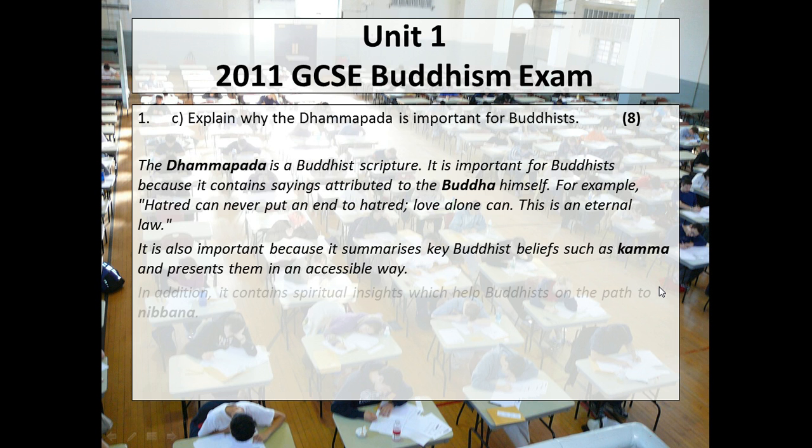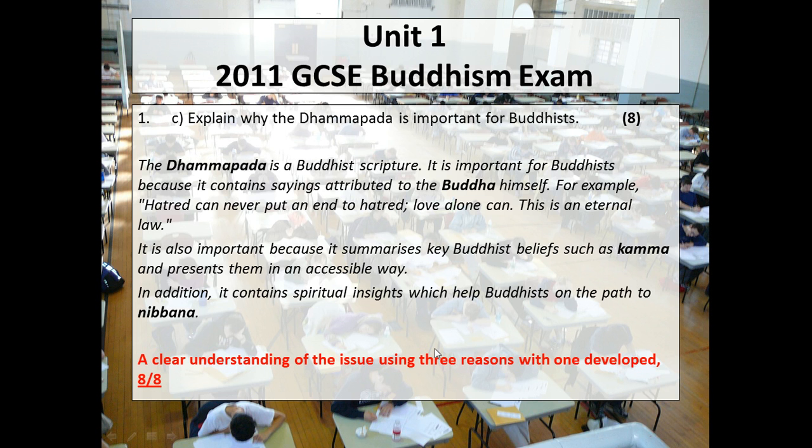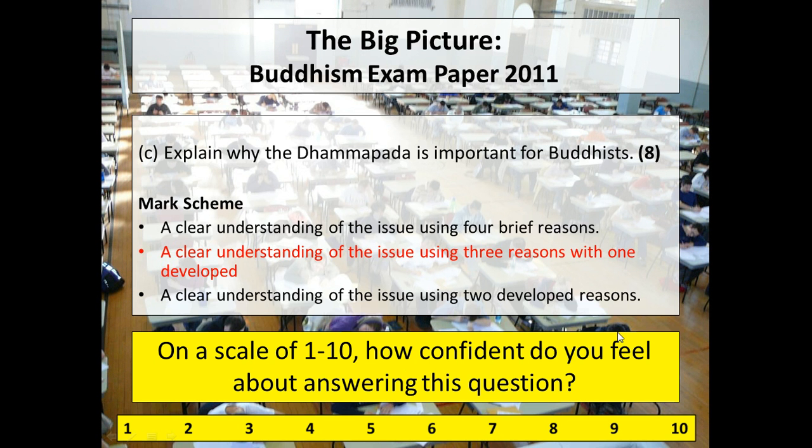That's one brief reason. In addition, it contains spiritual insights which help Buddhists on the path to Nibbana. That's another brief reason. So we've got a clear understanding of the issue using 3 reasons with 1 developed, 8 out of 8, because there are no grammatical mistakes and no spelling errors.